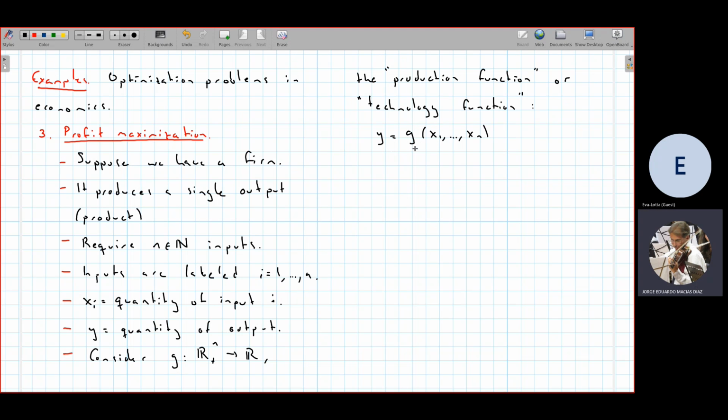This is going to be the quantity of the output in terms of the amounts x1, x2, and so on. We can represent this also as g of x, where x is x1, x2, up to xn.